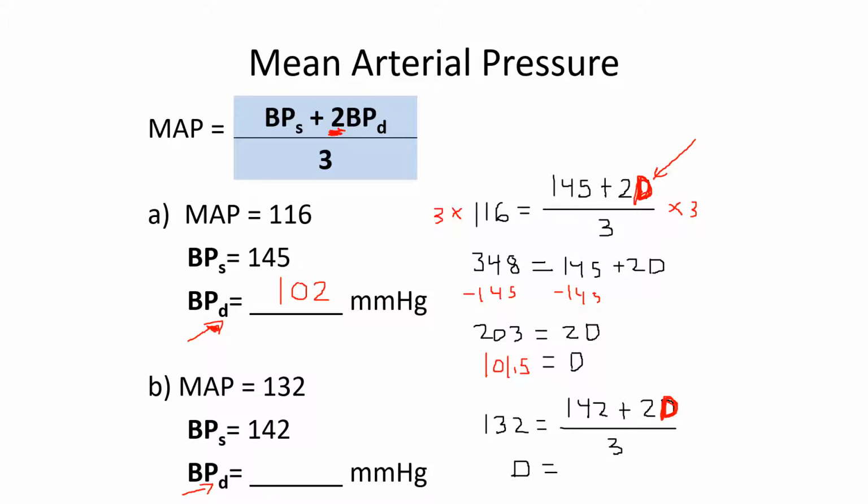What do you guys get for D? Multiply by 3 on both sides. Which is 396, subtract the 142, 254. Then divide by 2. Yeah, that's the last step. That's that 2 right here. Told you. Don't forget that 2. There you go. Very good. So that last step, that 2 comes into play this time.